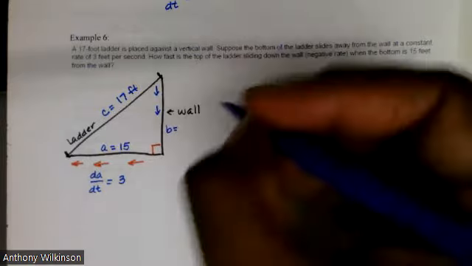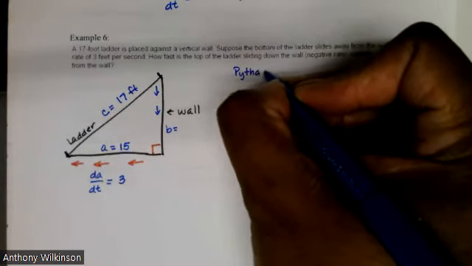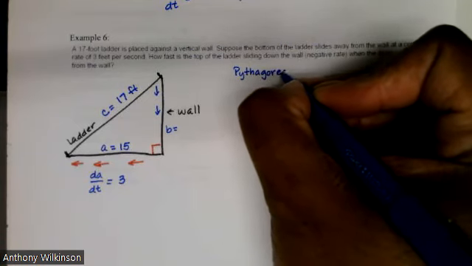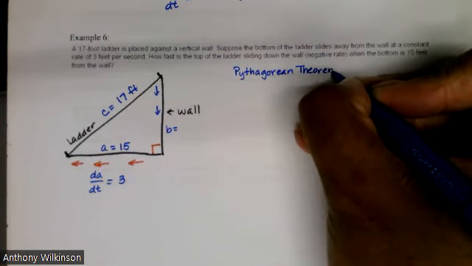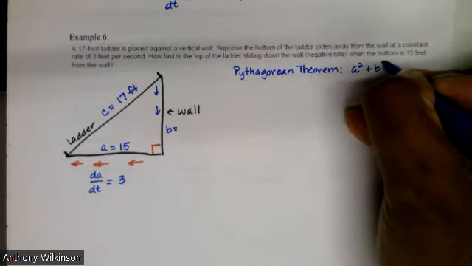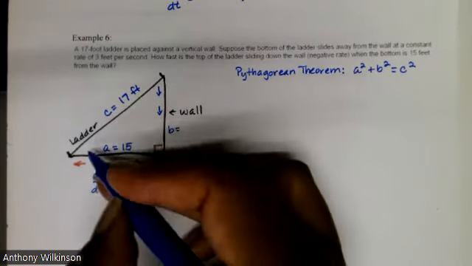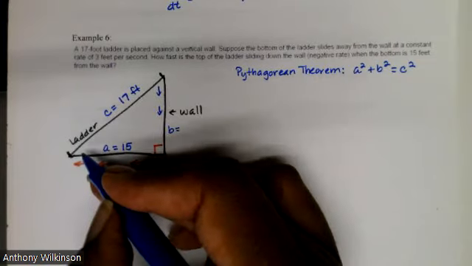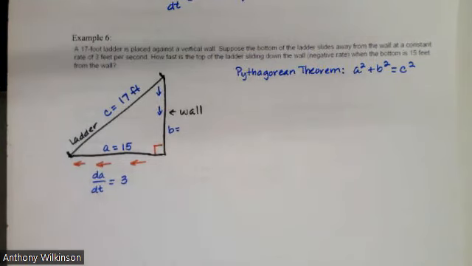Now, if you recall the Pythagorean theorem, it is this: a squared plus b squared is equal to c squared. That's the square of the hypotenuse being equal to the sum of the squares of the lengths of the two other sides in that right triangle.